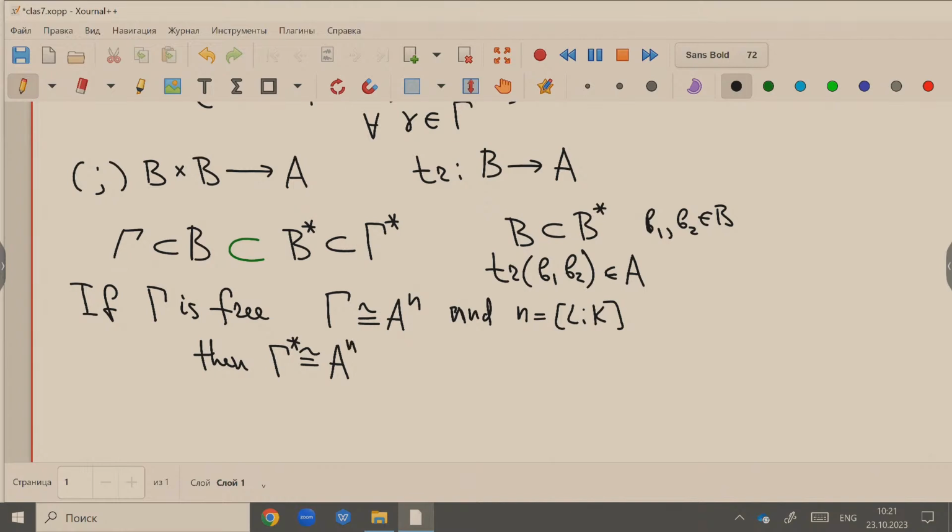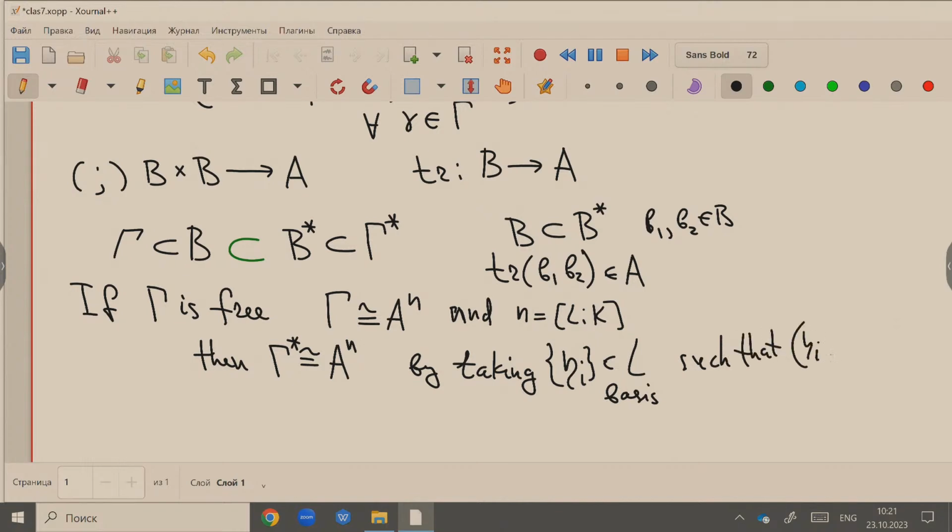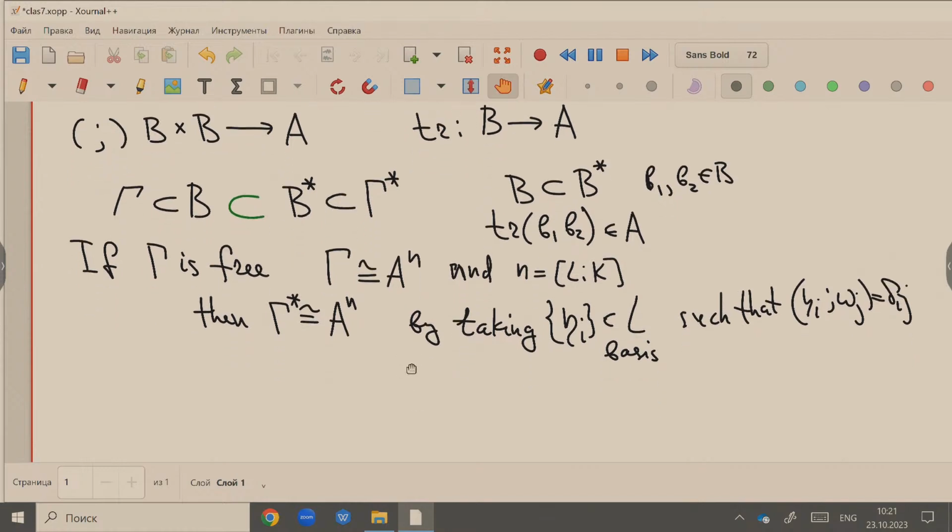We thought of this by taking a dual basis, by taking eta_i's, the basis in L, such that the pairing of eta_i and omega_j is a Kronecker delta symbol. So this allowed us to identify the dual with A to the power n.